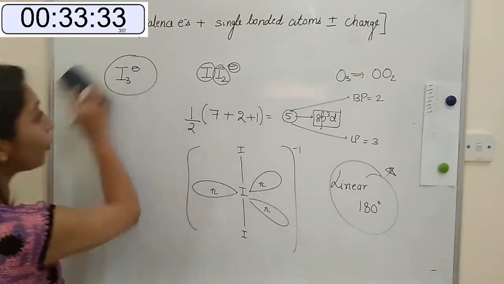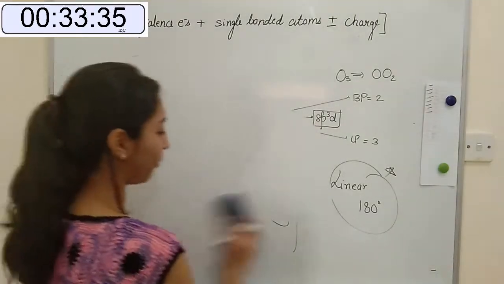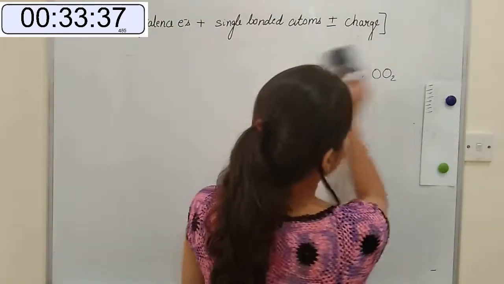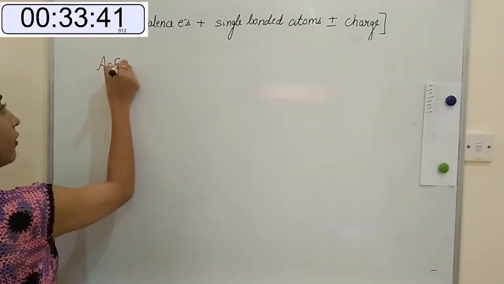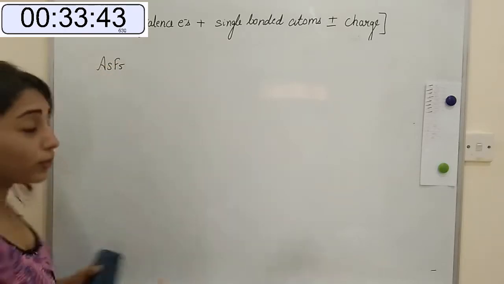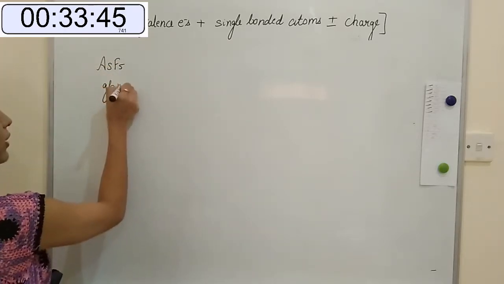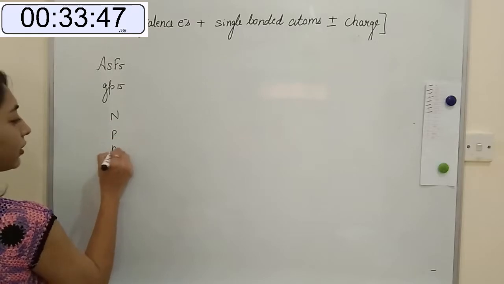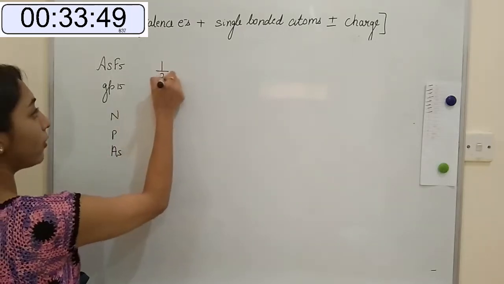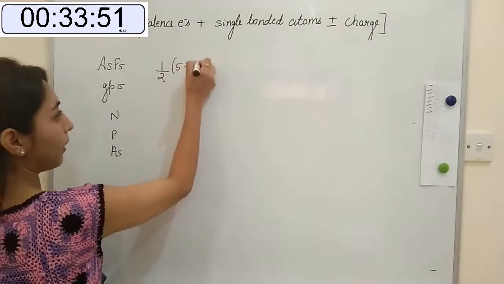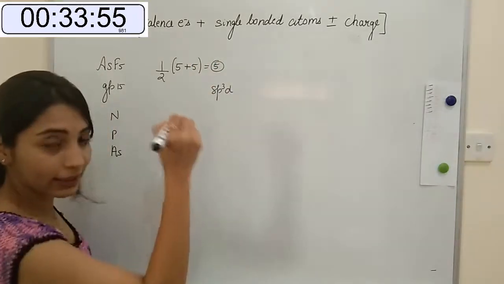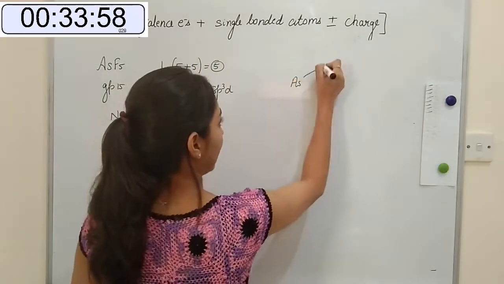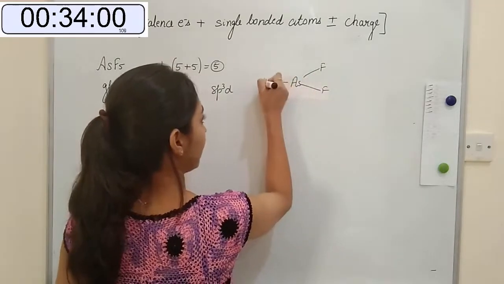Done? Moving on to the next chote mote problems which we are having. Let us do AsF5. First of all, you should know As belongs to which group? It belongs to group number 15: nitrogen, phosphorus, arsenic. So I'll write half, 5 plus 5, which is 5, means sp3d. sp3d means AsF5.